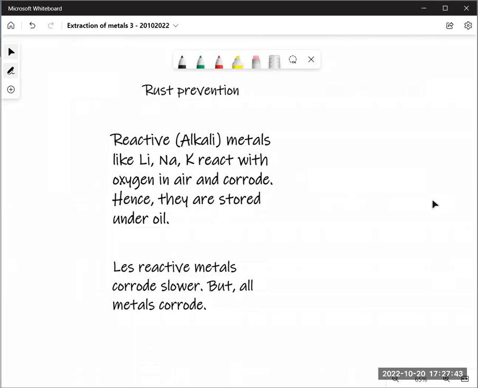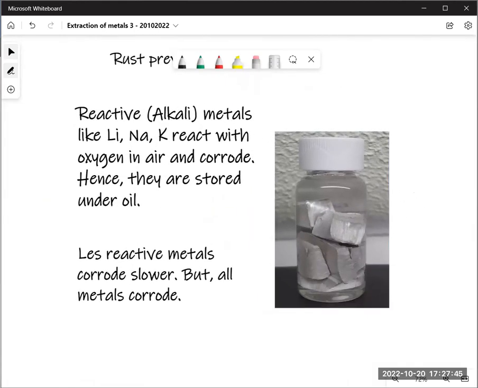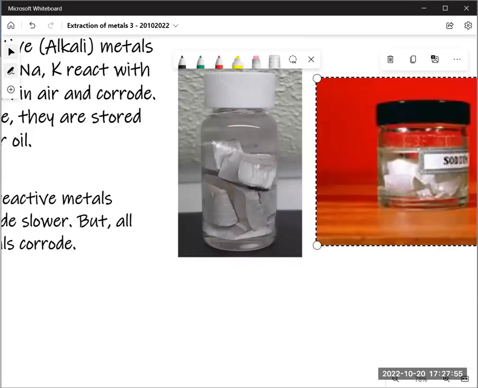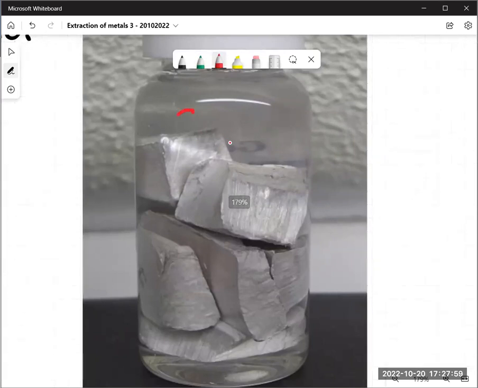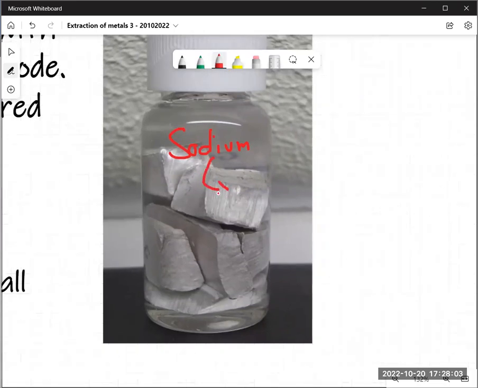Now, can you see this on the screen? This bottle, yes, sir. I'll show you one more of it, perhaps this one. That's not clear, this is clear. Now, this right here is called sodium. And where is it stored? It's stored inside oil. This liquid here is oil.